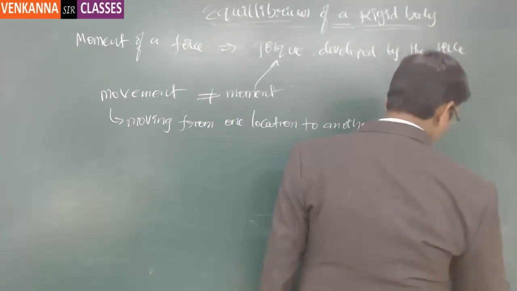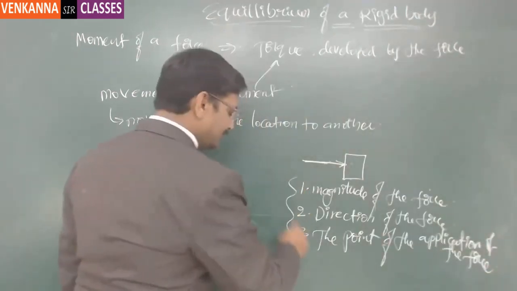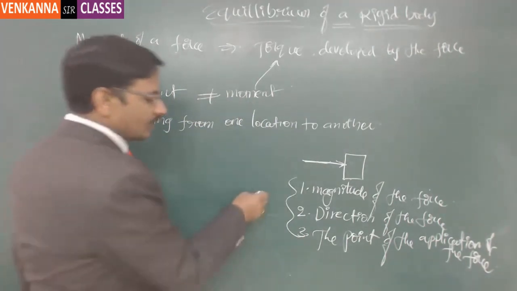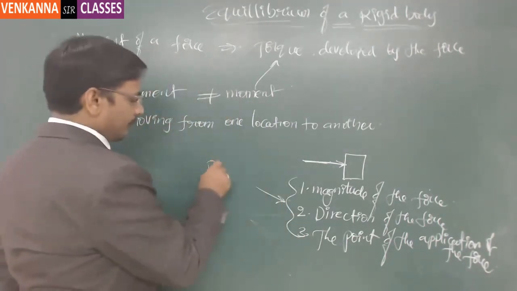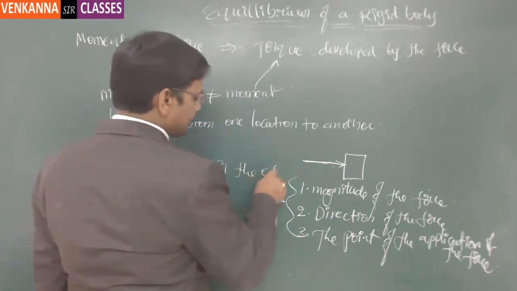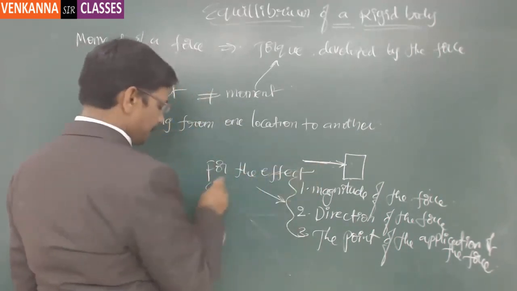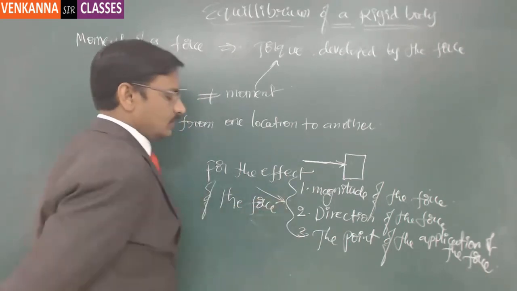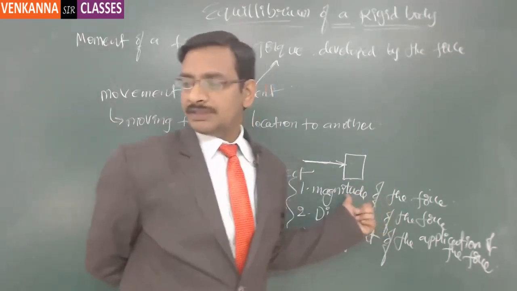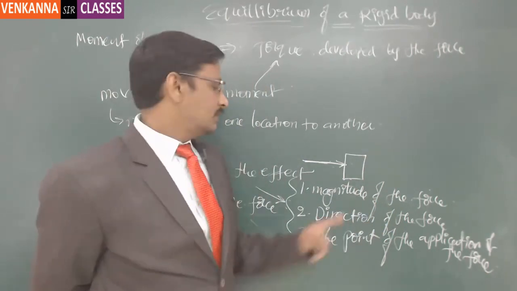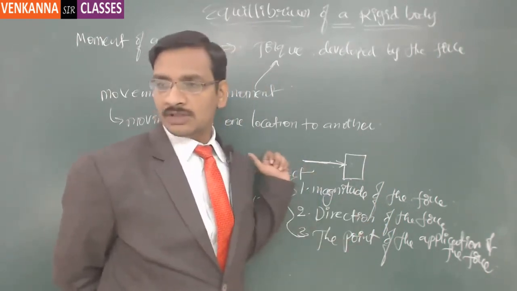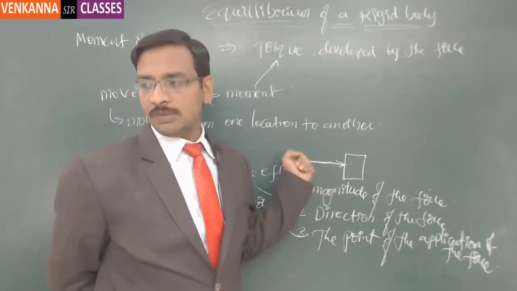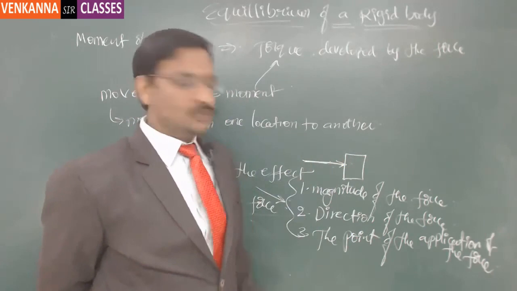Because of all these three, it will have the final effect on the body. These are the causes for the effect. That means force is made up of three different characteristics. One is the magnitude of the force, which is how much force I am trying to push with. Maybe 10 newtons, maybe 100 newtons, maybe 1000 newtons. That is one quantity which is essential.